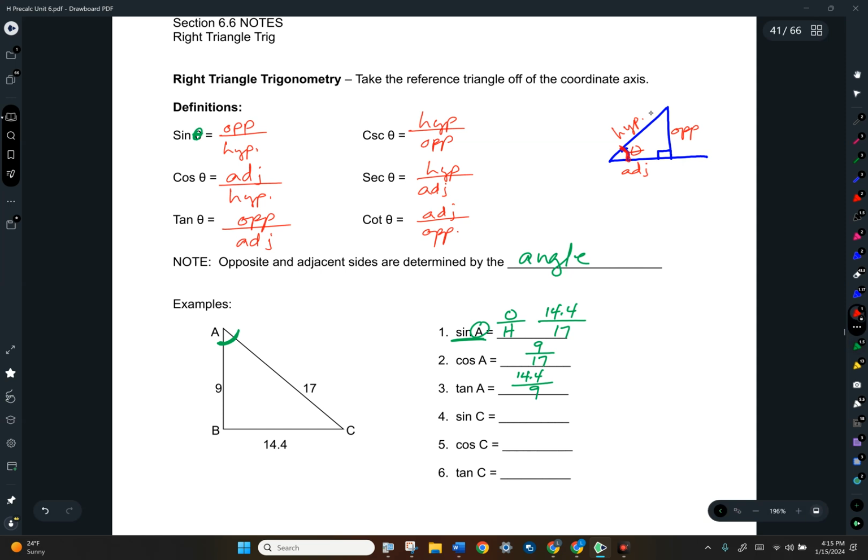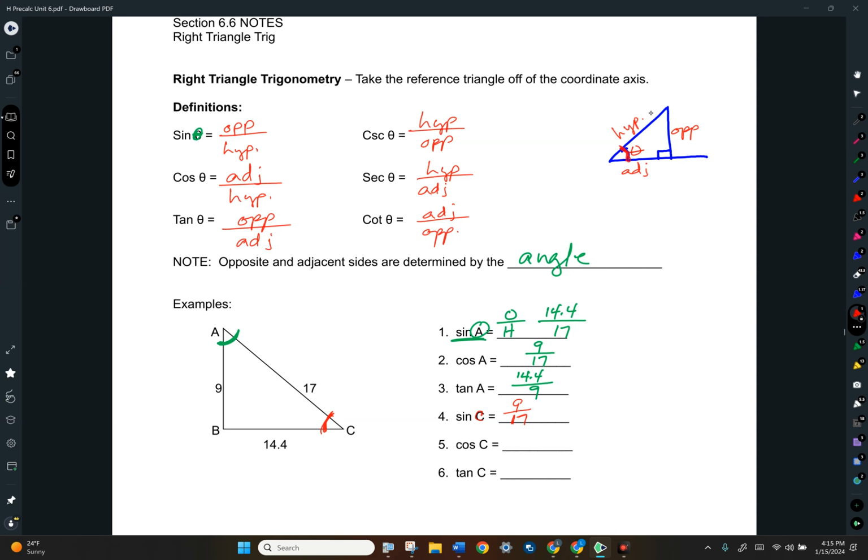But if we are referring to angle C, then this is my reference angle, okay? And so since sine is opposite over hypotenuse, the opposite of C would be 9. Hypotenuse is still 17. So the hypotenuse is the one thing that does not change because it's always opposite the right angle. But opposite and adjacent will change depending on which angle you're using for your reference angle.